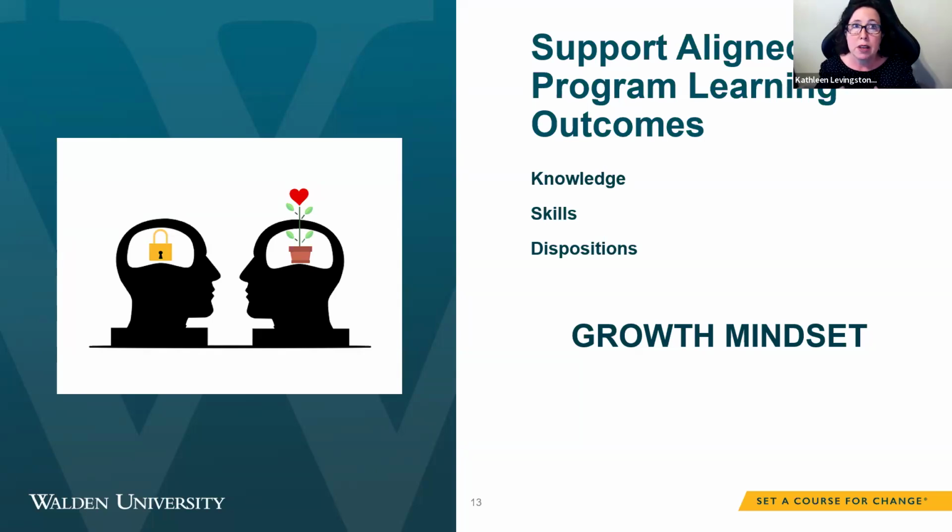that ultimately coming out of our program, they not only need to have the theoretical knowledge of how to be a counselor, or for other programs, how to be in the business world, or in the social work world, or how to be a nurse, but also the skills that come along with that. And then for us, what we have defined as professional dispositions.